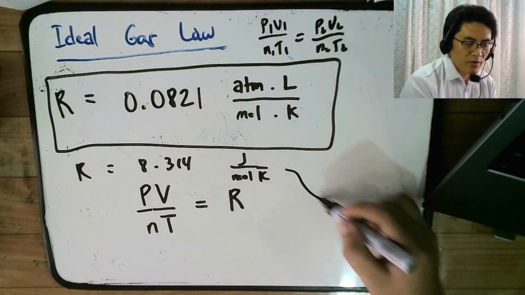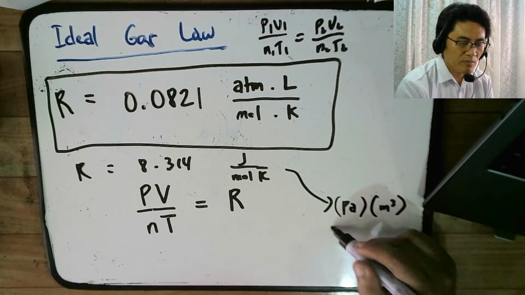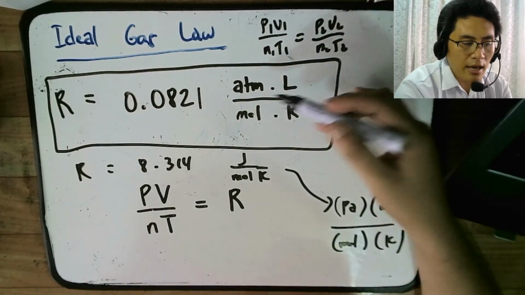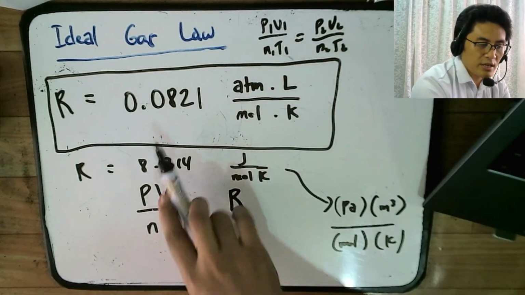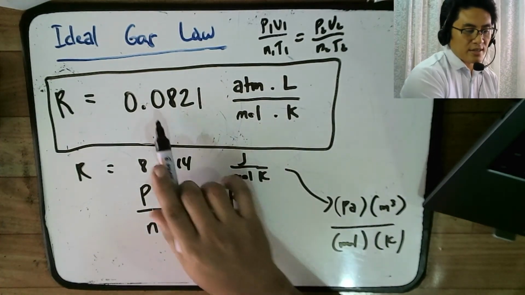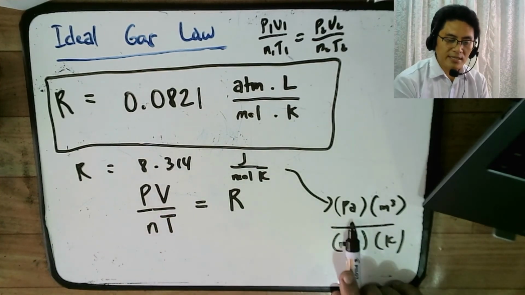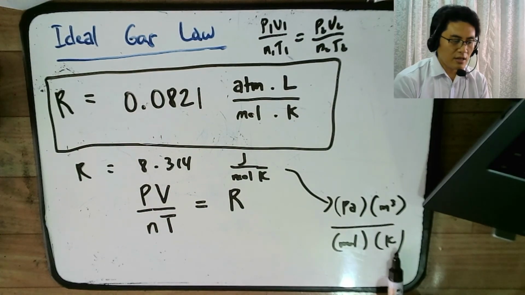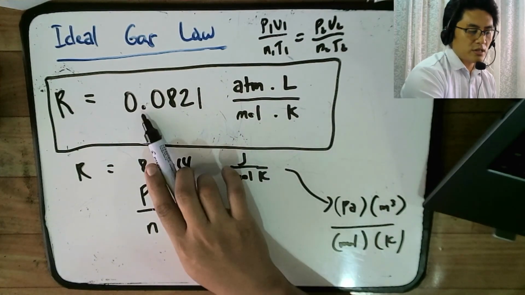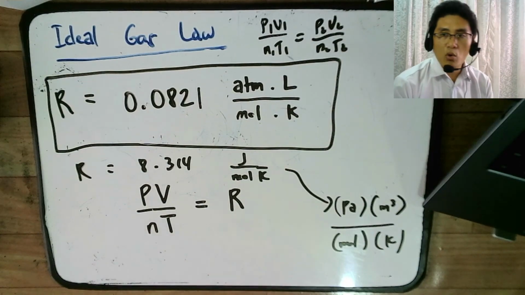This is only if you are using pascals, meter cube, mole, and then Kelvin. If you are using ATM, liter, mole, and Kelvin, then obviously this is the value. But in books, usually what is remembered is this one, and then this one is just kind of like a second option. If you are using pascals, meter cube, mole, and Kelvin, you use 8.314. But if you're using ATM, liter, mole, and Kelvin, you use 0.0821 ATM liter per mole Kelvin.